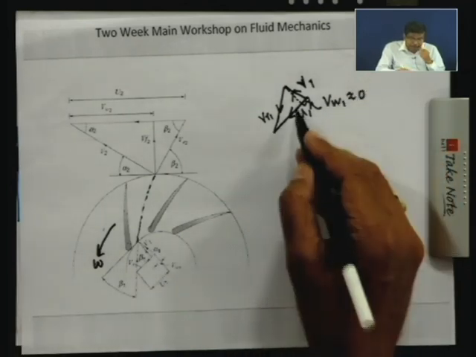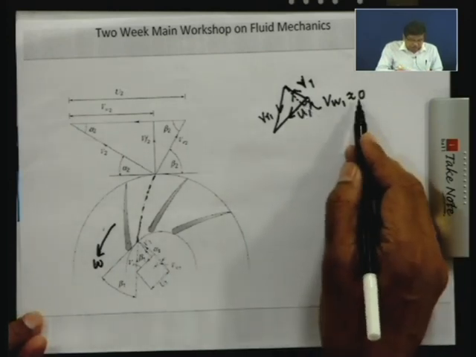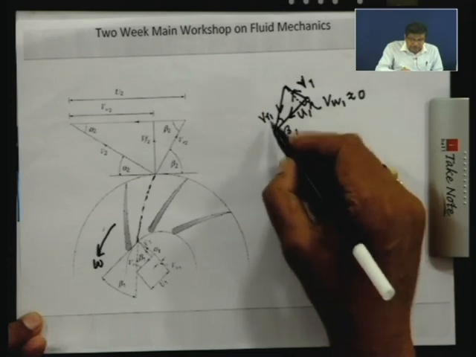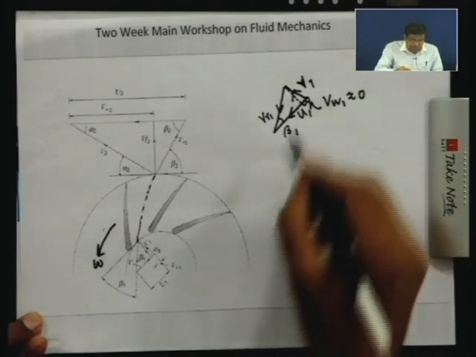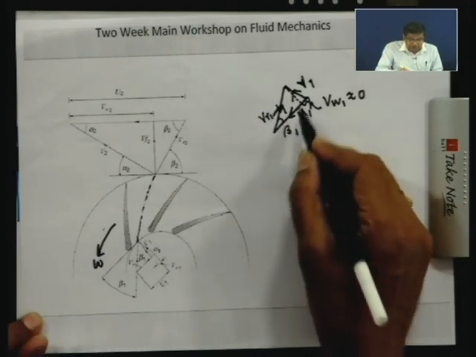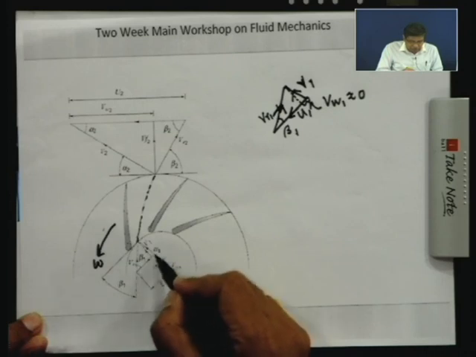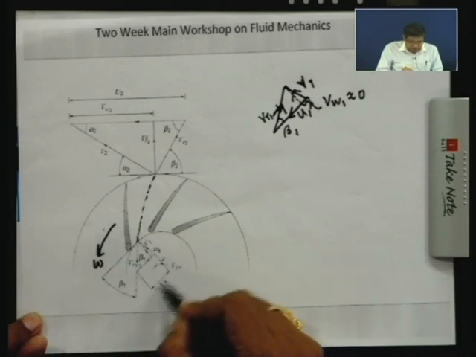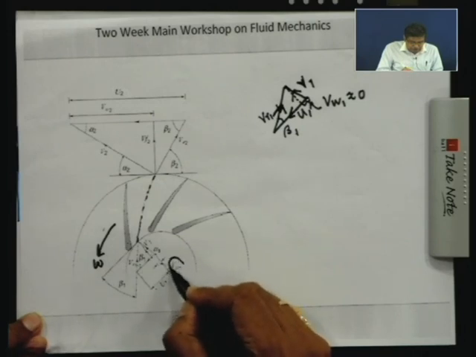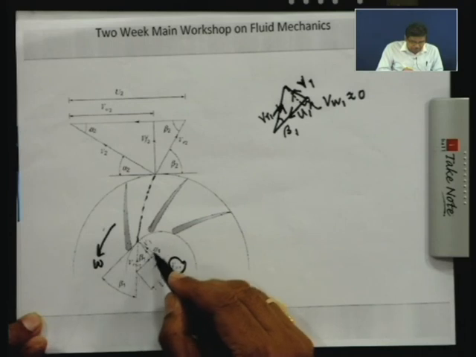This angle is such that the tangential component of velocity at the inlet is almost 0, and by nomenclature this angle is beta 1, the relative velocity angle, that is, the angle of the vane with the tangent at the inlet. This is U1, this part is VW1 which is very small, this is V1, this is beta 1, this is alpha 1.